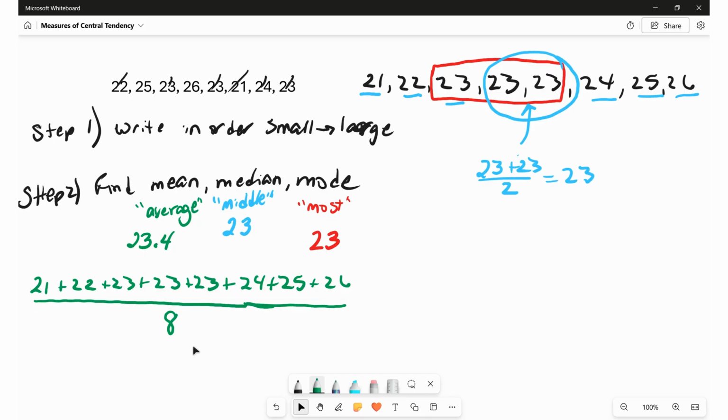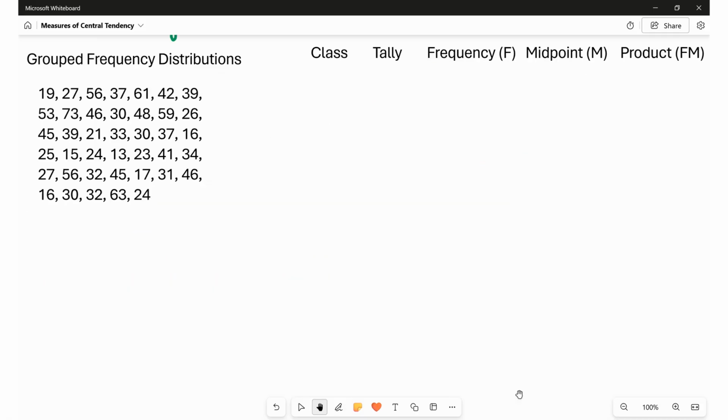So next we are going to talk about grouped frequency distributions. Okay, so let's get into grouped frequency distributions. Now, this is used when we have a large set of data and we just need an approximate value. So what if our task was to find the mean of this data set?